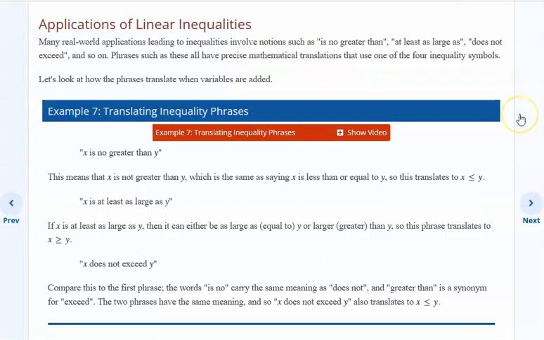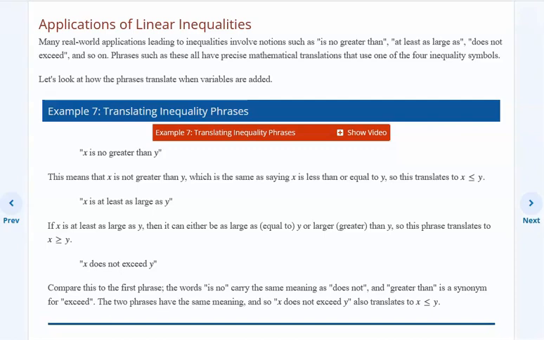And we're almost finished. But this one, you need to, again, read and note these ambiguities here, the translating inequality phrases. Sometimes it's only less than, sometimes only greater, but sometimes greater or equal, less or equal.